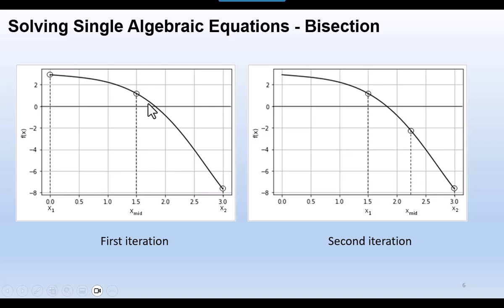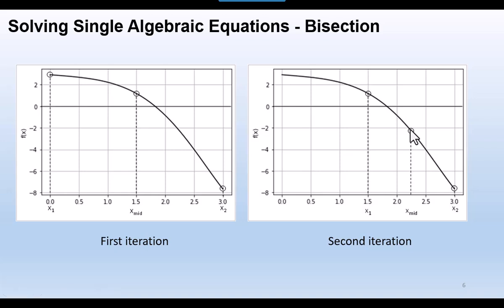So what we do is a simple process where we take the midpoint between our initial estimates, and we use that as the next estimate for the solution. And then we note in this case that its f of x value is positive, so for the next iteration, moving over here, it becomes the left side of the bracket in two estimates, x1 and x2, and we continue with another midpoint.